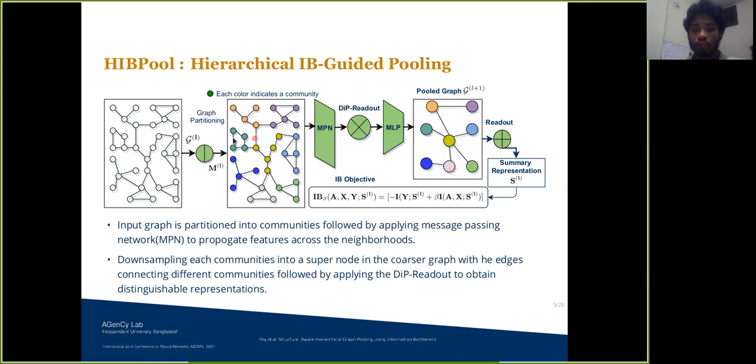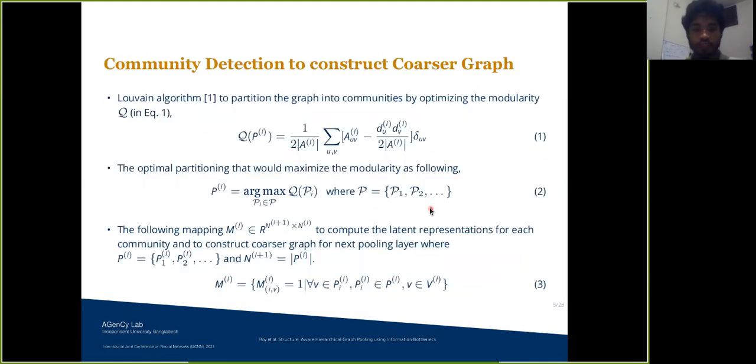Finally, we update the parameters of our GNN and pooling method by optimizing the objective functions, and we employ the Louvain algorithm to get the optimal partitioning using modularity.